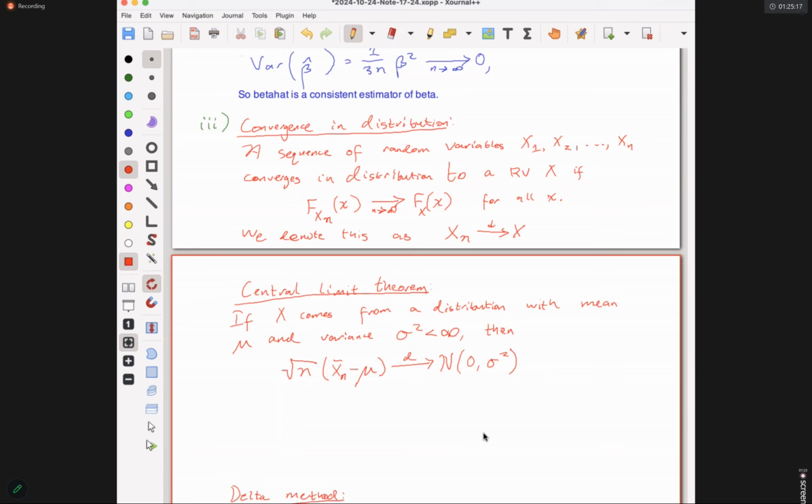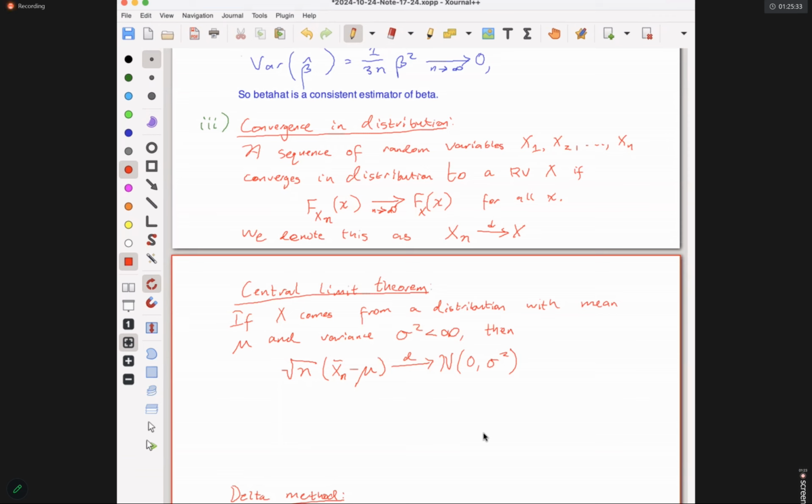This sequence of these transformed sample means is going to converge in distribution to a normal with mean 0 and variance sigma squared.